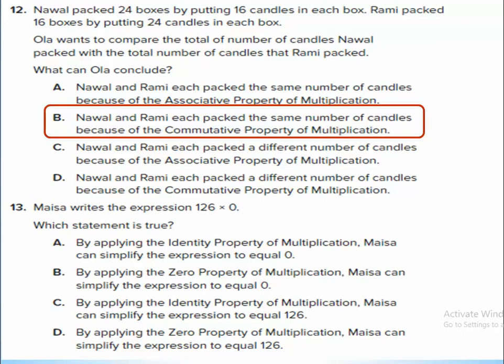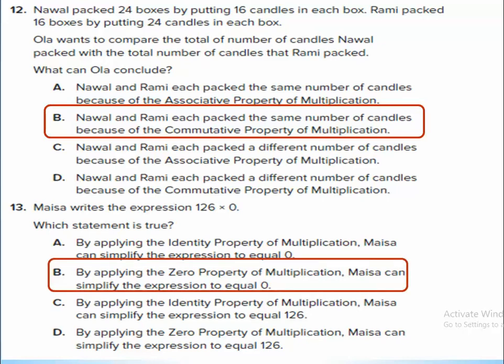Maisa writes the expression 126 times 0. We know that any number multiplied by 0 equals 0. Which statement is true? By applying the identity property of multiplication, Maisa can simplify the expression to equal 0. By applying the zero property of multiplication, Maisa can simplify the expression to equal 0.